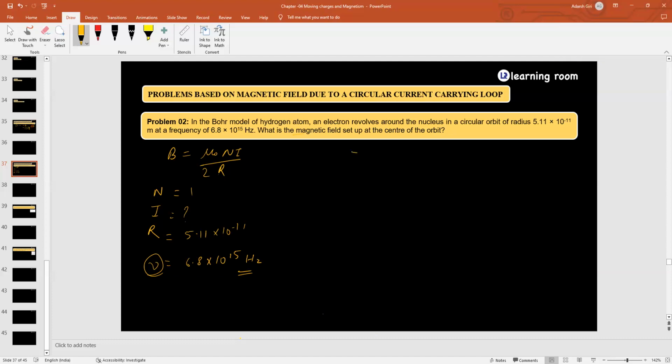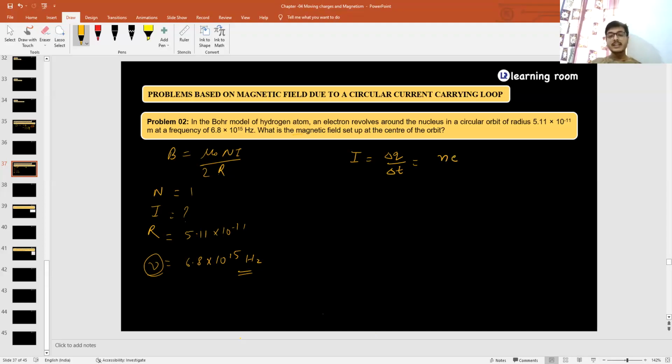If you remember, I is nothing but delta Q upon delta T. Agree? Now, what is delta Q? Q is equal to N E upon T: number of electrons into the charge of one electron, divided by time. Let us say this is the nucleus and this is the electron revolving around it.